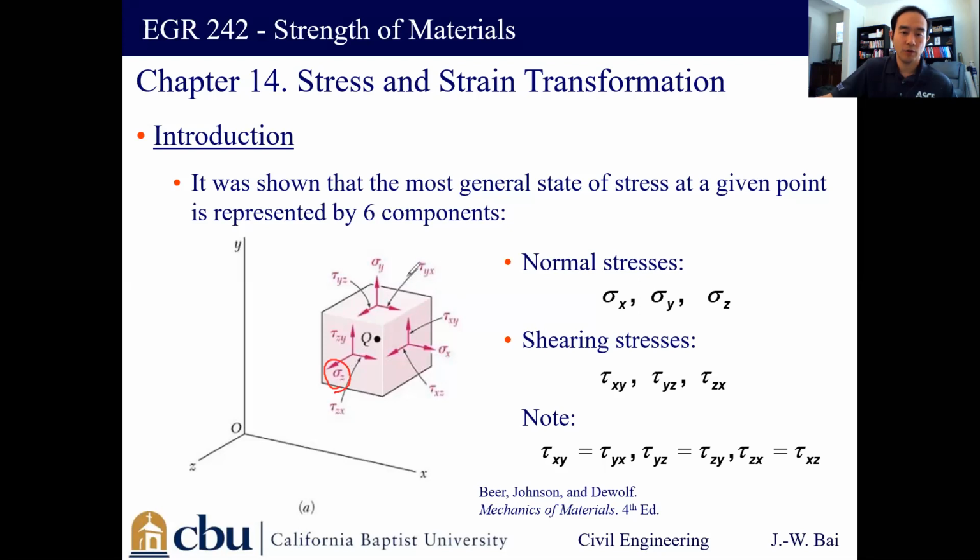And then sigma x and y will be available, and tau xy, which is going to be the same as tau yx, and then tau zx, or tau xz, will be available.